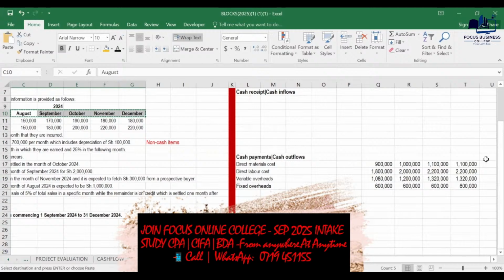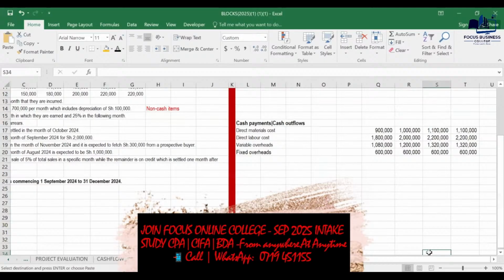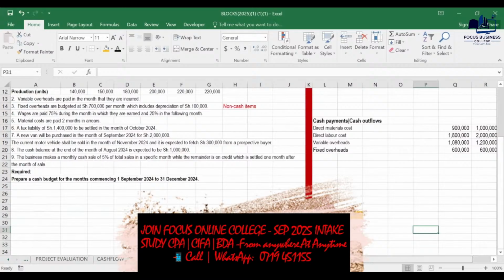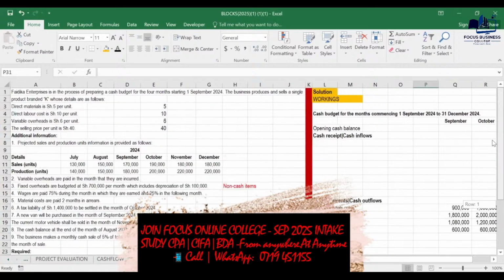I'll have that down here. So remember, we want to compute the wages paid. Okay, so I need to have the months here again. I'll copy this. I bring it down here.